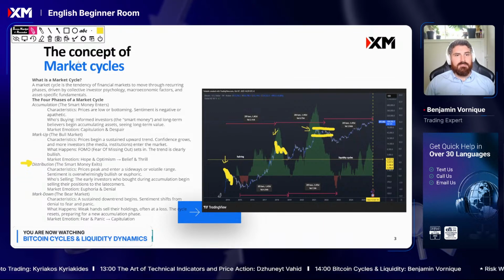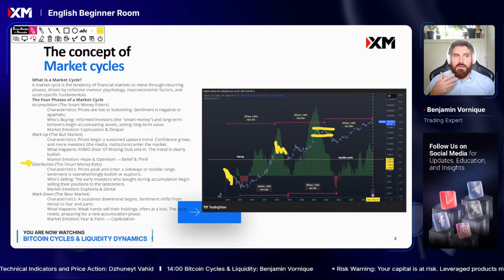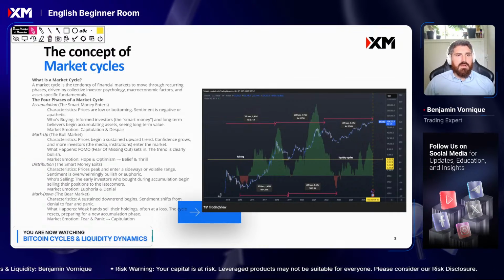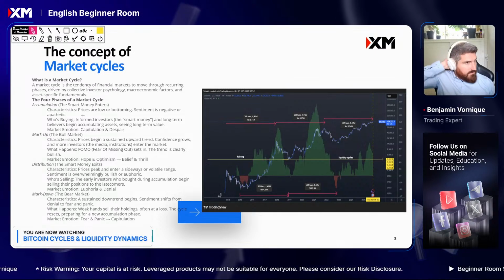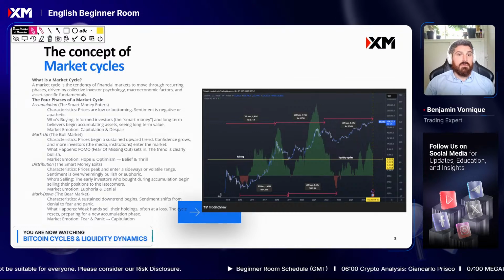The idea is that the smart money who bought way lower are now starting to distribute because they are up multiples and they just want to take their money back, okay? So the smart money is usually distributing into euphoria. Most of the participants are feeling euphoria around this stage.